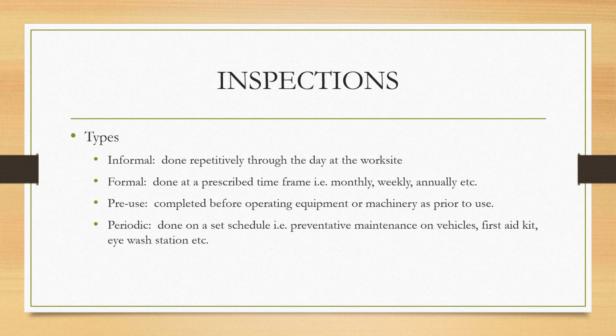Some inspections do require paperwork, that is, a form completed, while others do not. We will be discussing these a little further in the course. The last inspection is periodic. This is done on a set schedule. For example, oil changes to equipment or machinery. We will not be focusing on this inspection in this course.